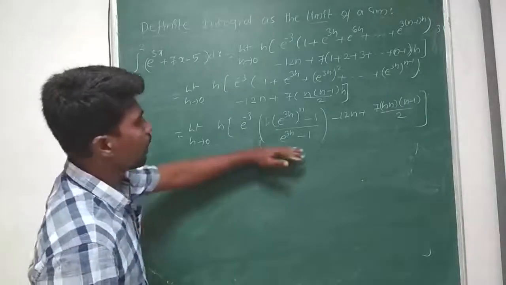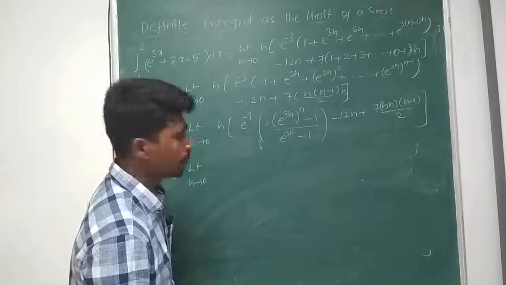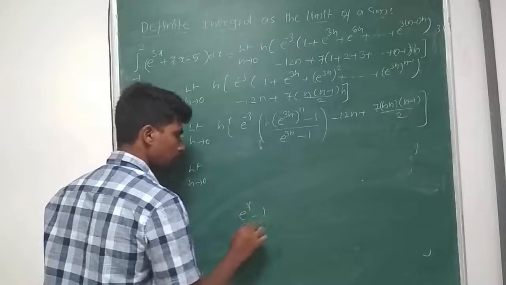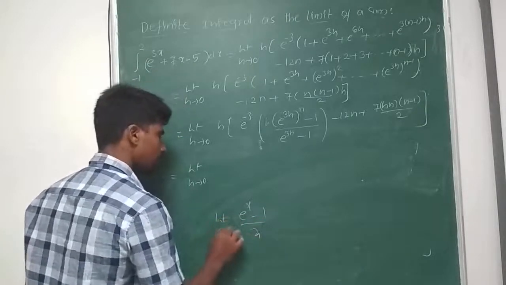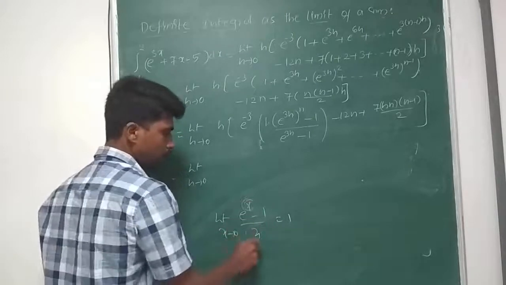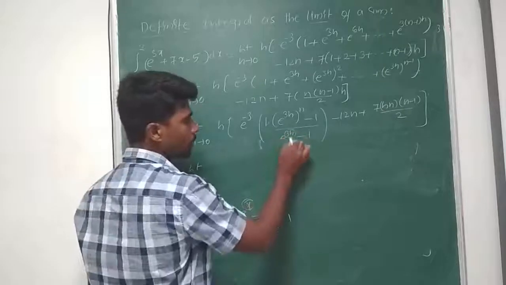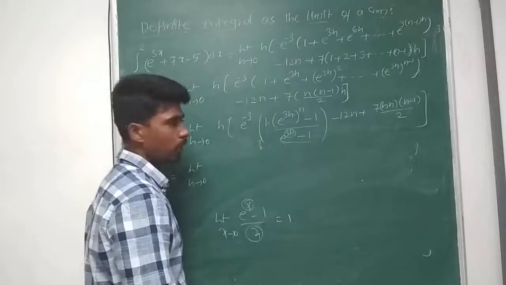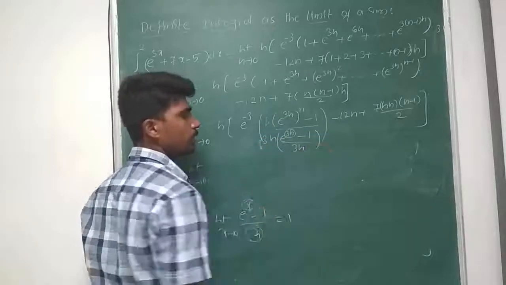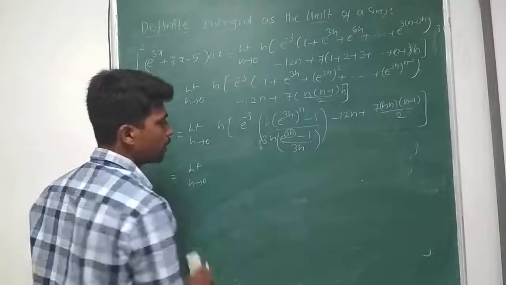If I want to evaluate these types of terms, which are e power x minus 1, what do I need to do? e power x minus 1 by x, as x tending to 0, is 1. So if I have x here, I must have x in the denominator. I have 3h here, so what I have to do is multiply and divide by 3h. It's the next step, so I don't want to write that step; I included it here alone.